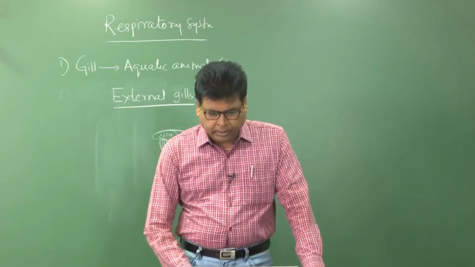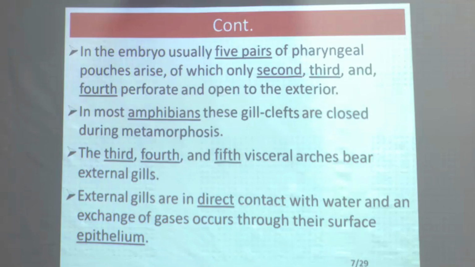So, now come to the second point. In the embryo, in case of amphibia, usually 5 pairs of pharyngeal pouches arise, of which the second, third and fourth perforate and open to the exterior.